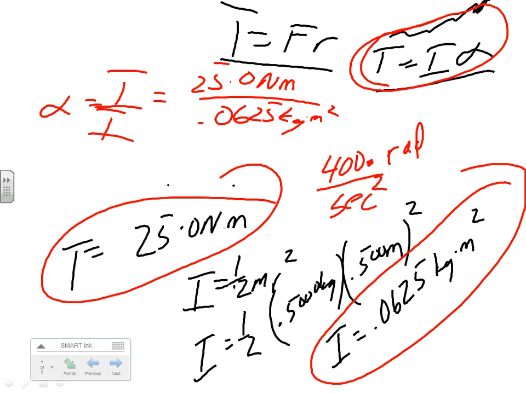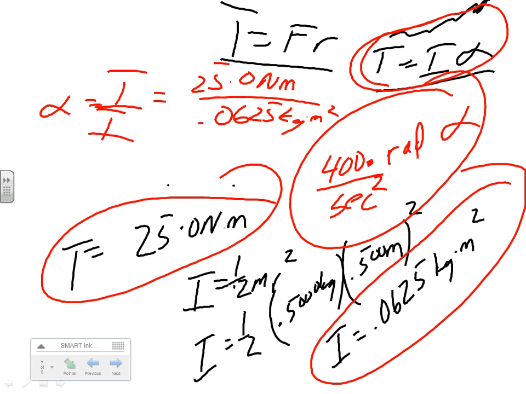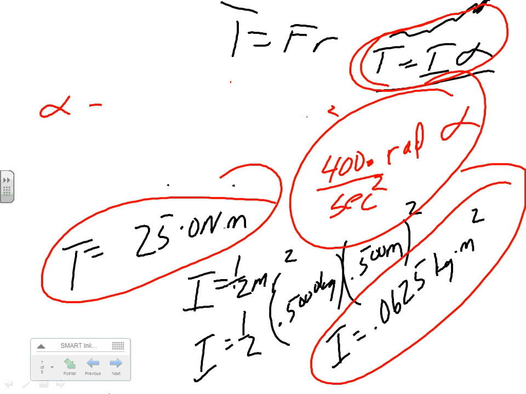The very last part of this question asks us to take our angular acceleration, alpha, and convert that over to linear acceleration. Once again, that's going to be proportional. Linear is going to be proportional to angular times the radius.